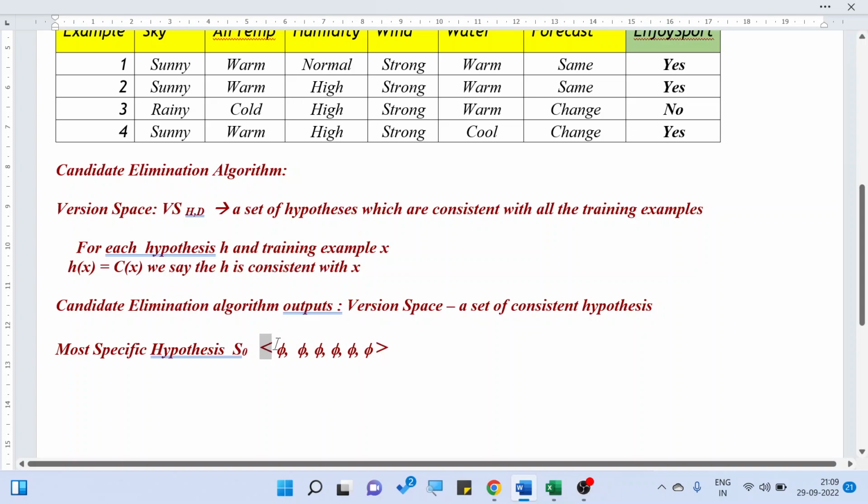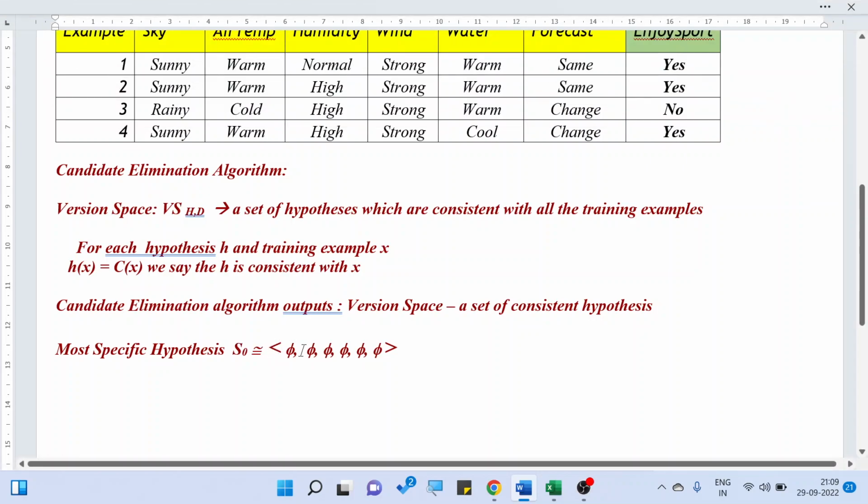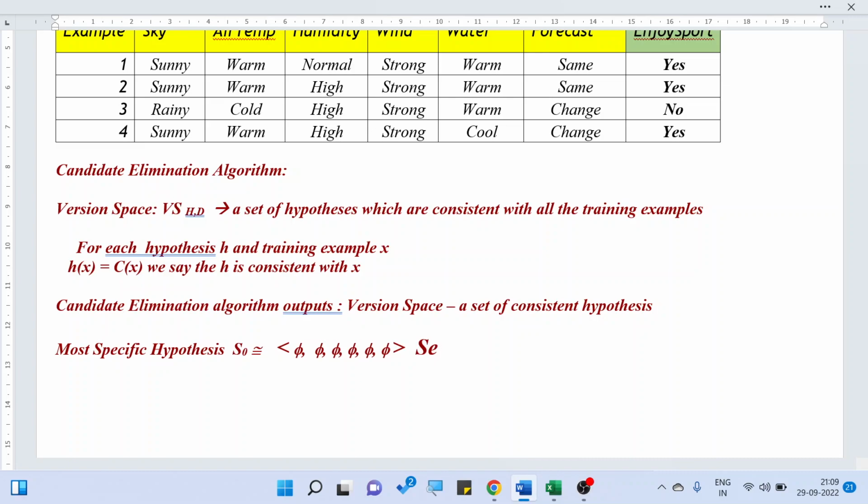This is one boundary. This is S0. We say this is the specific boundary.